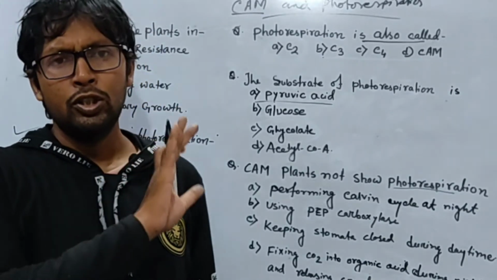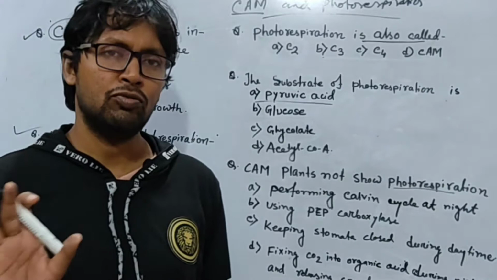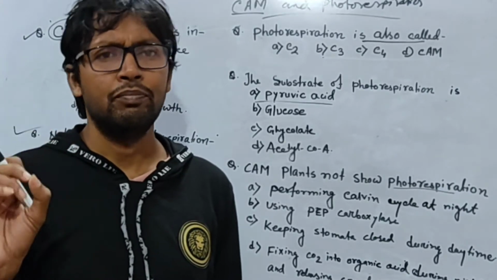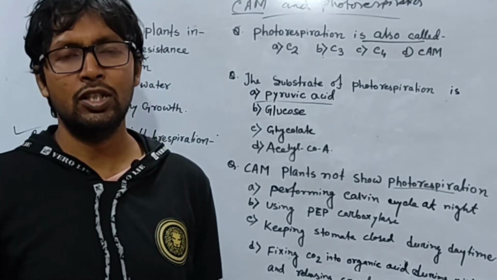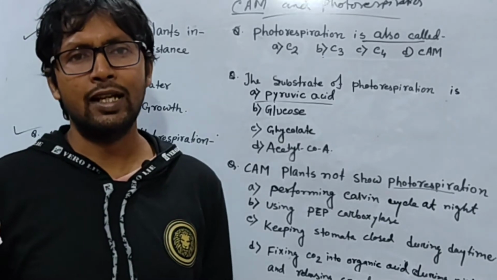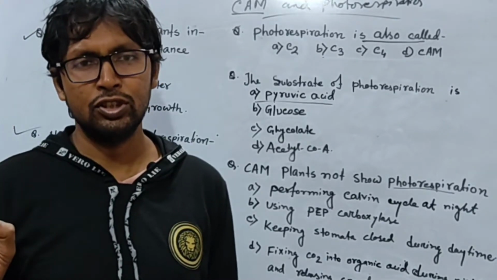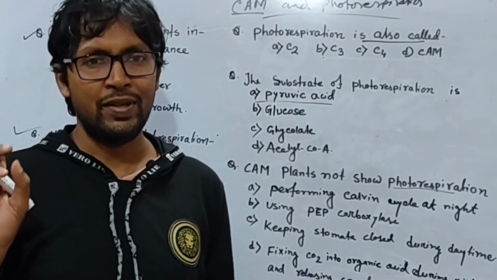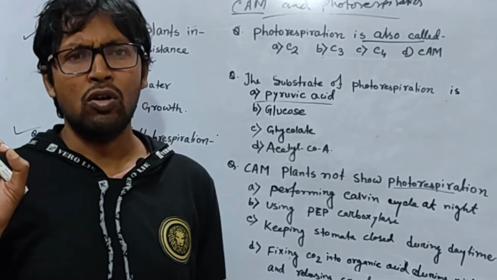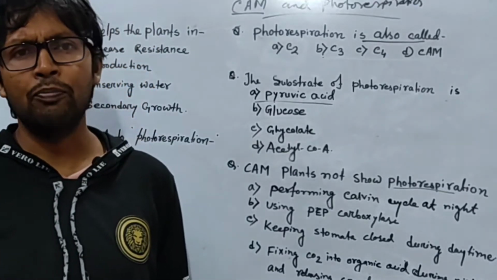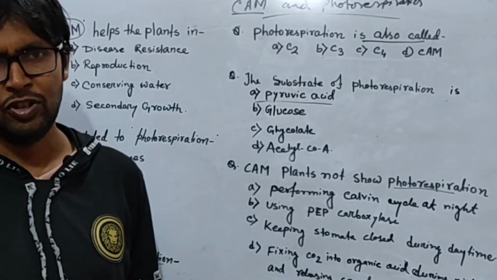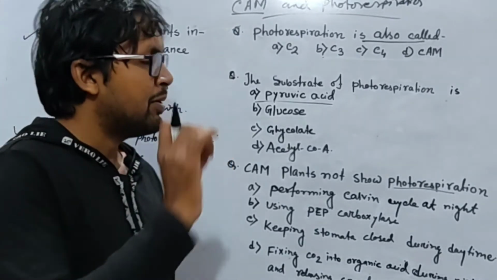So you can get all the questions here on CAM and photorespiration, previous year questions, as well as analytical questions and assertion-reason questions. So keep patience and take all types of questions of this particular topic, CAM and photorespiration.